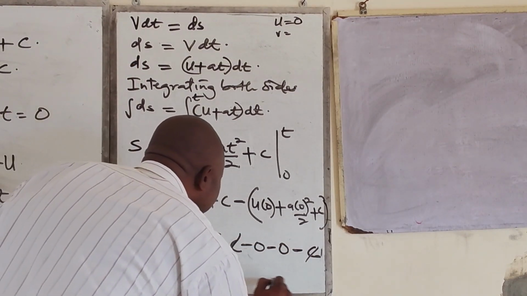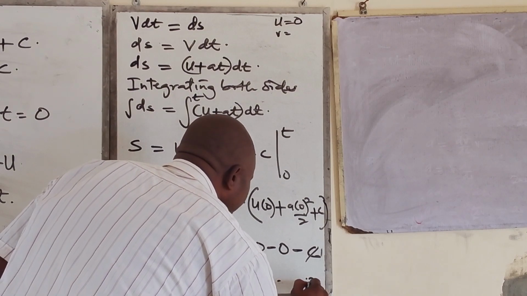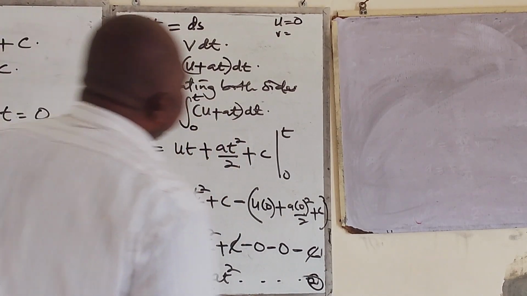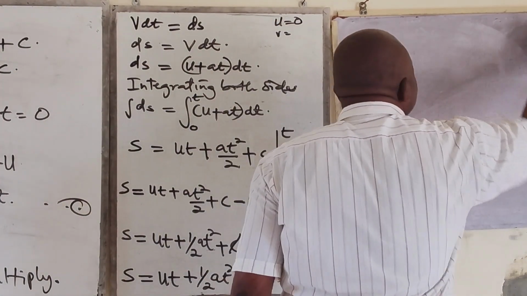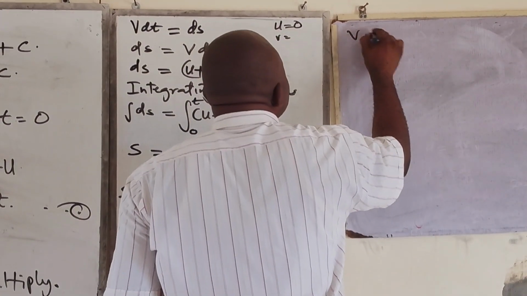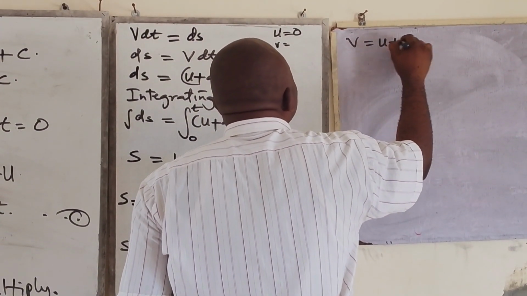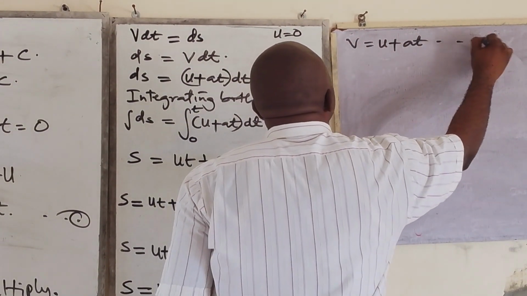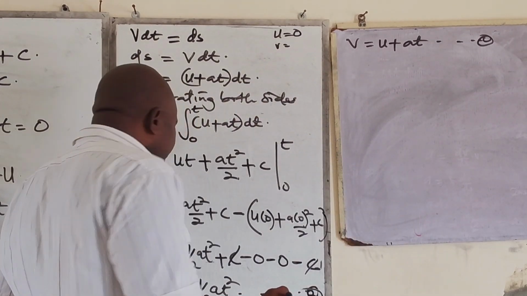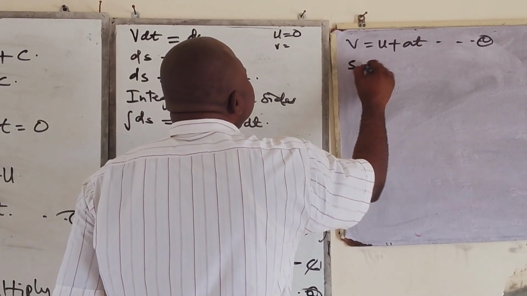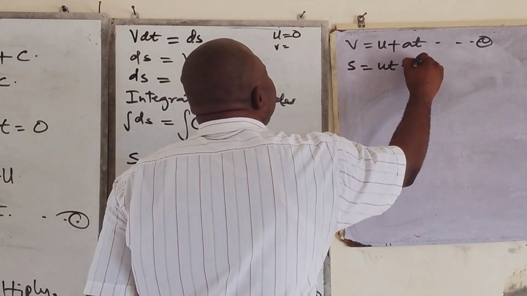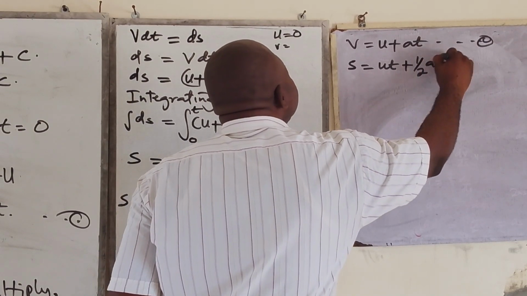So this is our equation 2. Our equation 1 is v is equal to u plus at, and equation 2 is x is equal to ut plus half at squared.